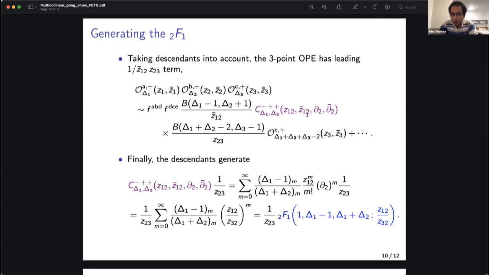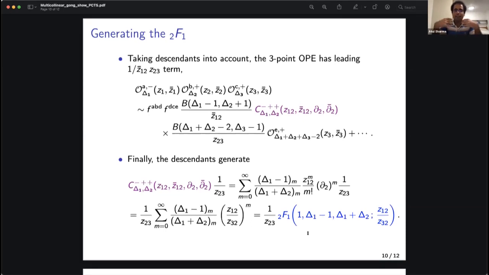And the only thing you now want to compute is the action of this descendant on Z23, which you can compute. As I claimed earlier, since the singularity is 1 over Z23, the D2 bar derivatives don't contribute up to contact terms, which I neglected here. The rest of the terms you can calculate and show that this is exactly the standard 2F1 hypergeometric function series expansion in Z12 or Z32.